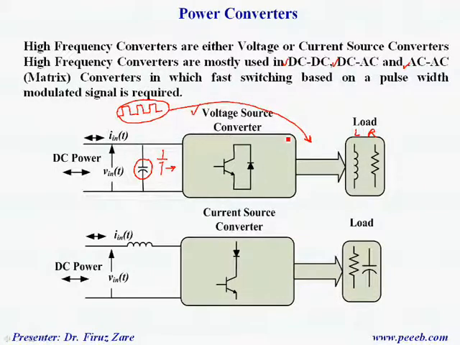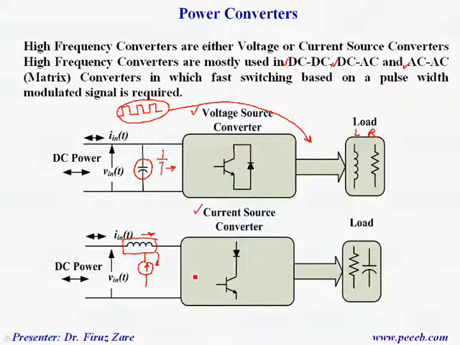The output of the converter is suitable for high power systems. And when we are talking about a current source converter, that means the input source is a current source, and normally we can have a large inductor. If the current through the inductor is continuous, then we can consider it as a current source.